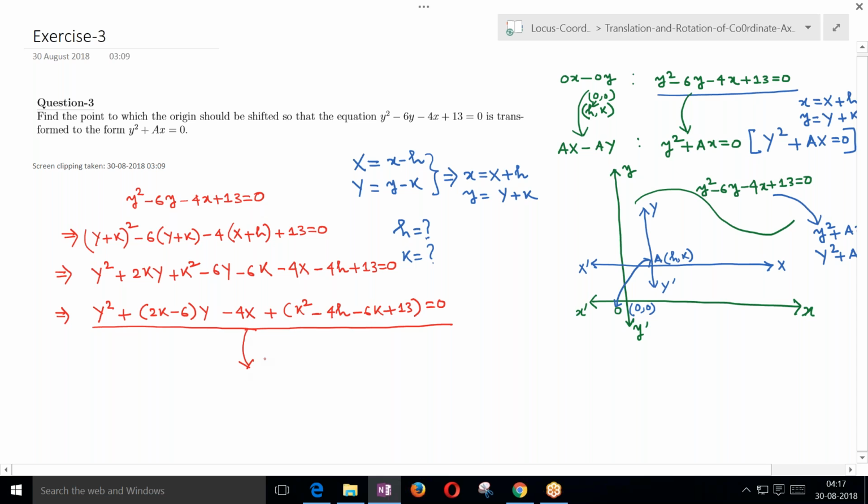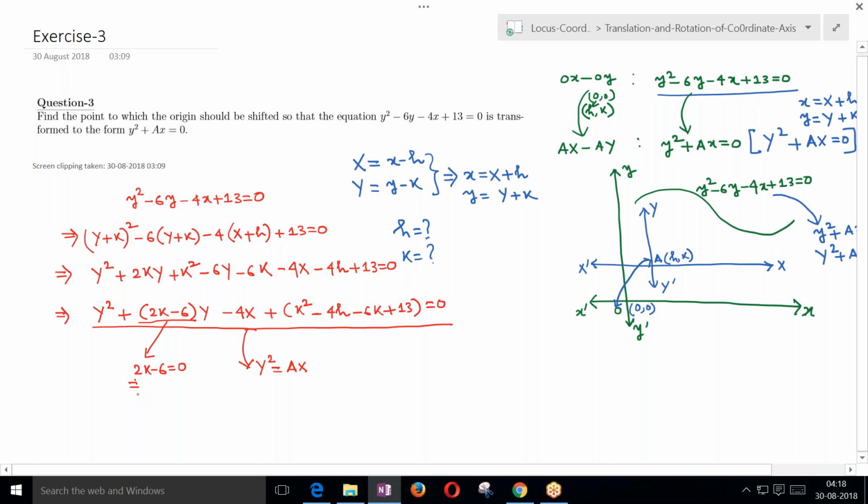Now this equation is in the form of Y square is equal to ax. That means the coefficient of Y has to be 0. That means 2k minus 6 has to be 0. Otherwise, how will it be in the form of Y square equal to ax? The coefficient of Y has to be 0.